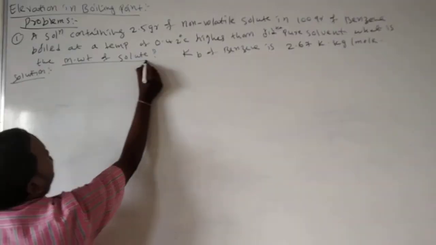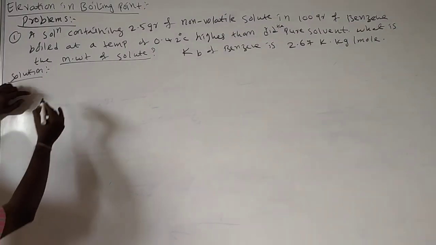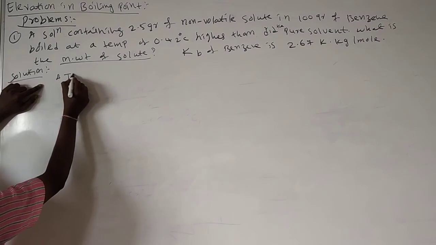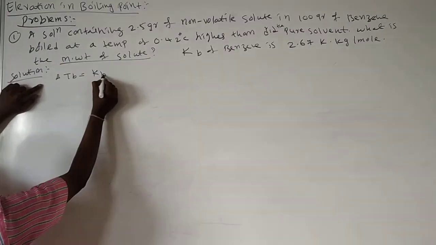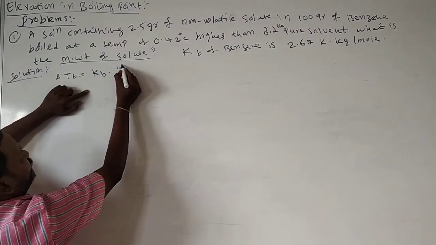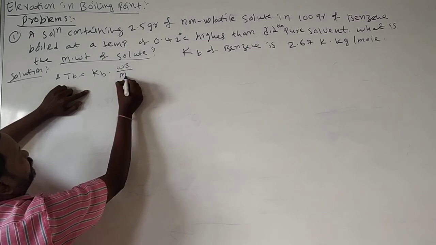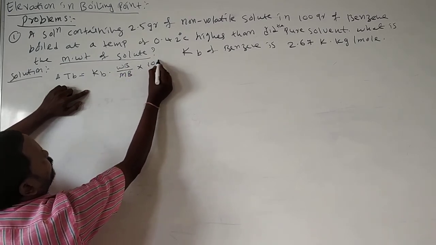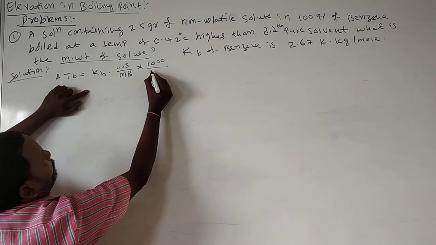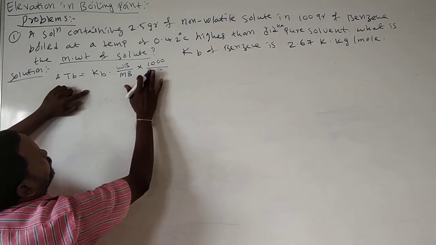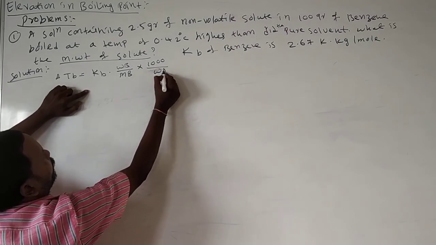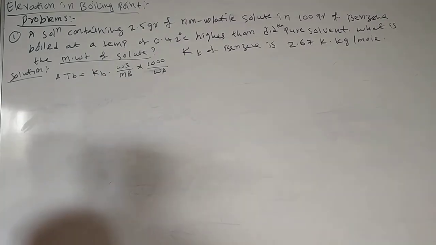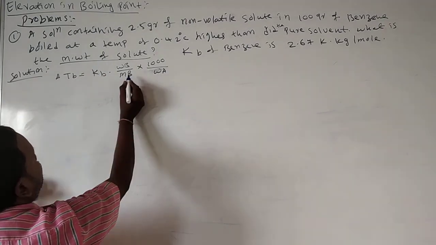What they ask is to calculate the molecular weight of the solute. What is the principle? Delta Tb is equal to Kb into weight of solute by molecular weight of solute into 1000 by Wa. This is the principle. We need to calculate Mb.